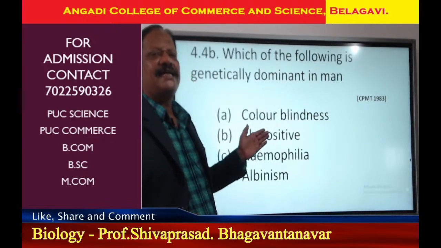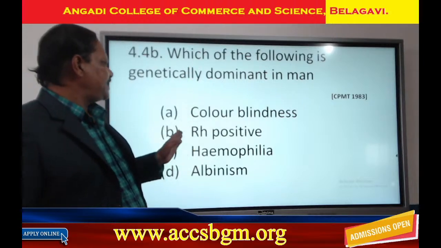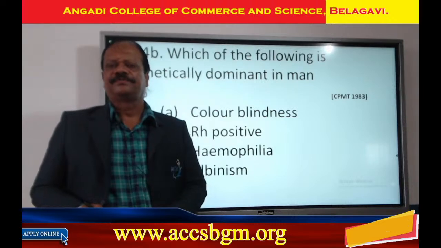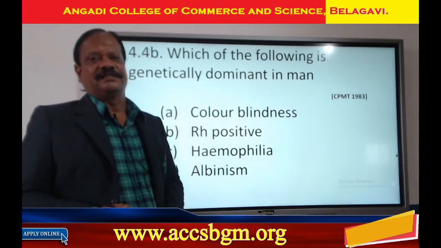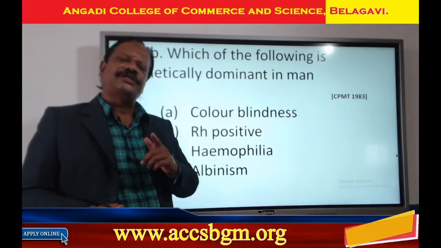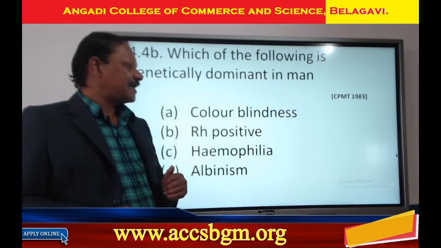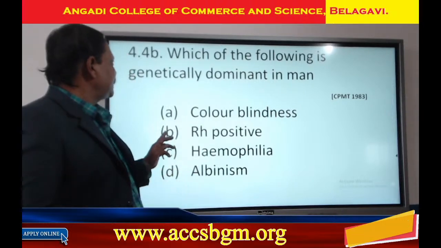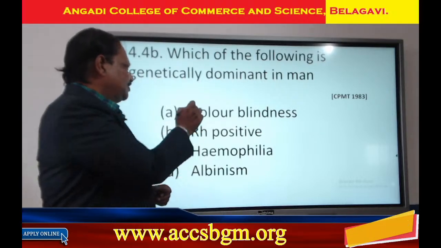And here Rh positive, usually for this the right answer is Rh positive, that is rhesus positive. Rhesus, it is extracted from the rhesus monkeys. And there the same character is observed in human beings also. And maximum human beings are having Rh positive. So the right answer is option B, Rh positive. We'll move to the next question.